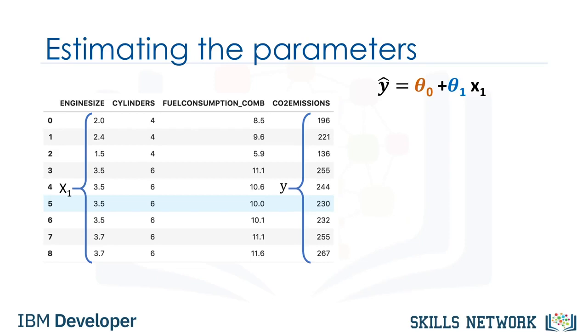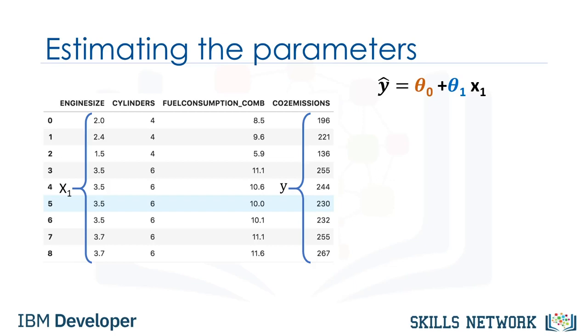As mentioned before, theta 0 and theta 1 in the simple linear regression are the coefficients of the fit line. We can use a simple equation to estimate these coefficients. That is, given that it's a simple linear regression with only two parameters, and knowing that theta 0 and theta 1 are the intercept and slope of the line, we can estimate them directly from our data.